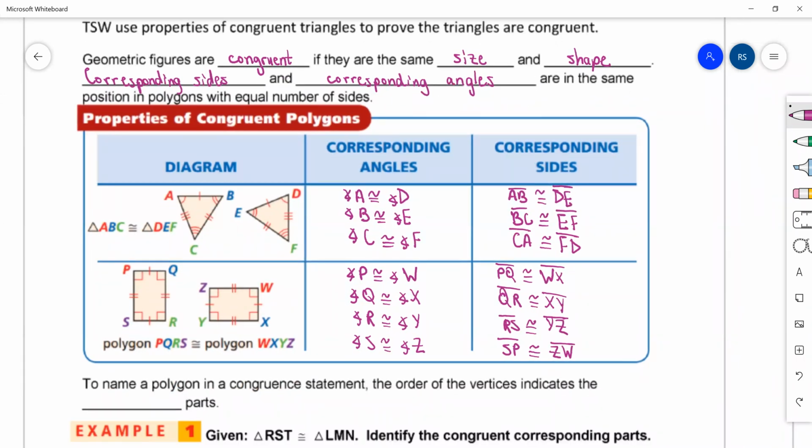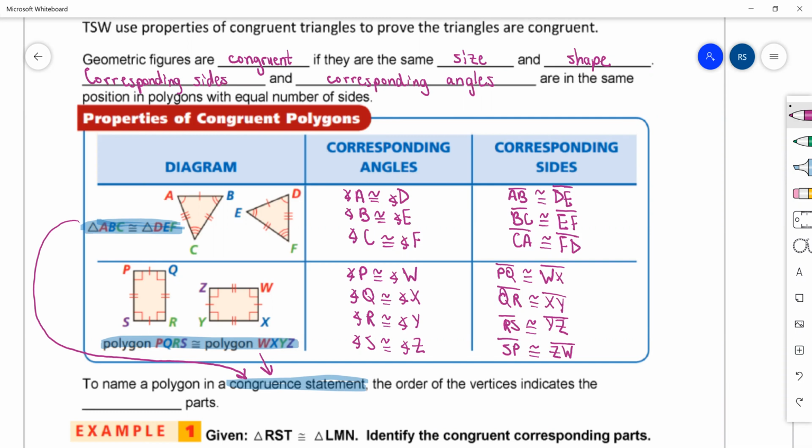So to name a polygon in the congruent statement. So what's a congruent statement? A congruent statement are these statements right here. So in the bottom one, polygon PQRS is congruent to polygon WXYZ. That's a congruent statement. Triangle ABC is congruent to triangle DEF. That's a congruent statement.